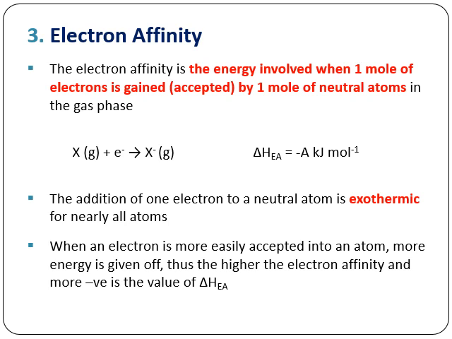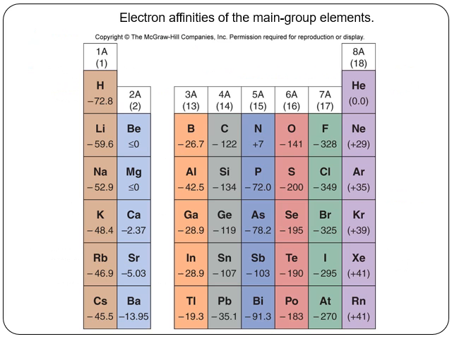This is a contrast with ionization energy just now: how able you are to receive an electron. The addition of one electron to a neutral atom is exothermic, so that's why you get this value. When an electron is more easily accepted into an atom, more energy is given off. So this is the electron affinity of the group.